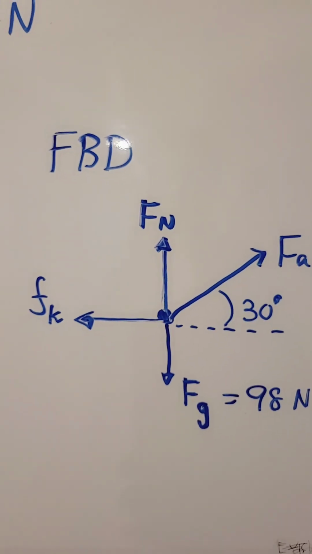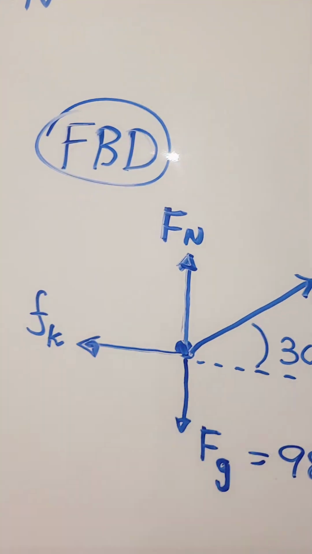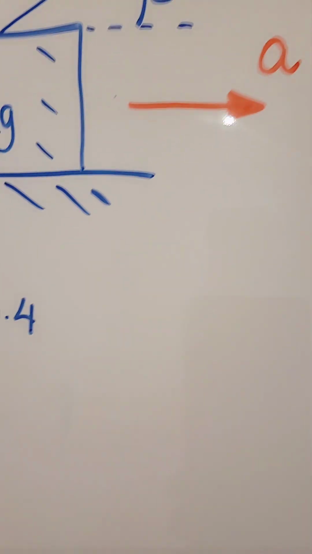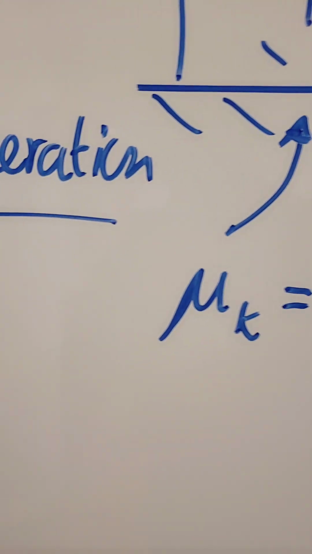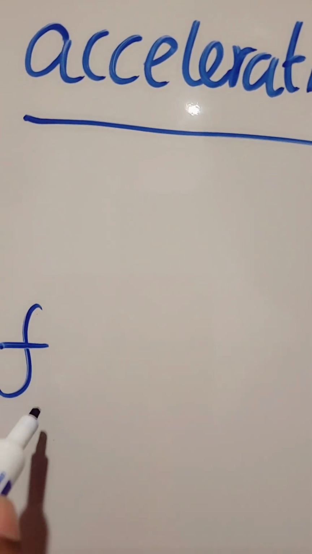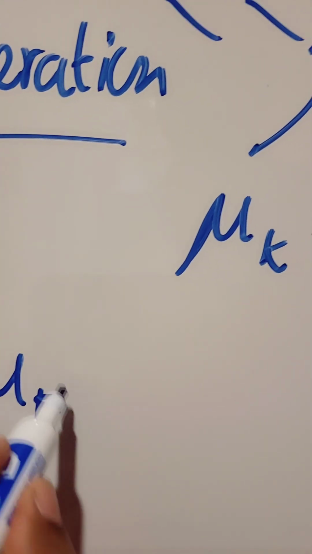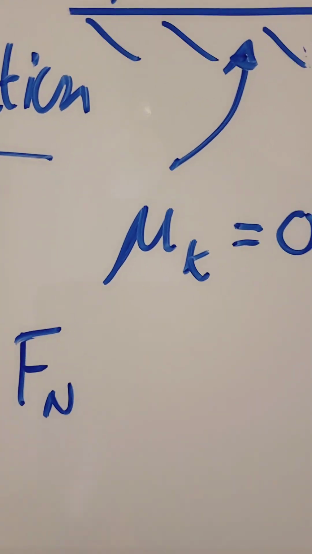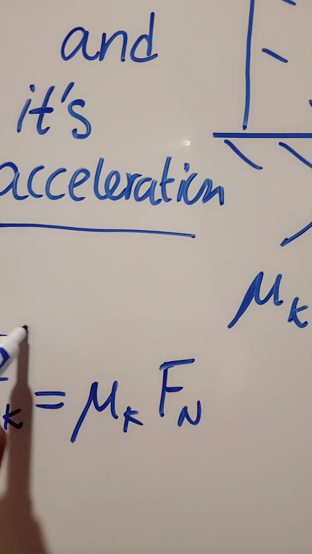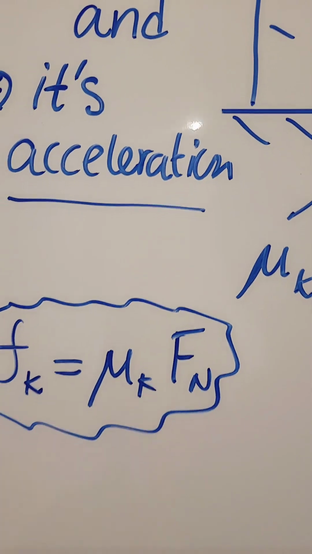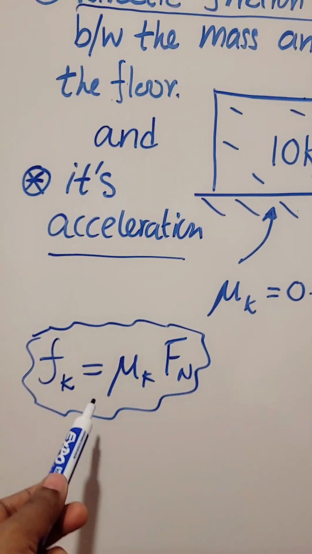How do we do that? You should remember there's a very important equation when it comes to friction force. The kinetic friction force is equal to coefficient of kinetic friction times the normal force. So this is that important equation. I hope you can remember this equation.